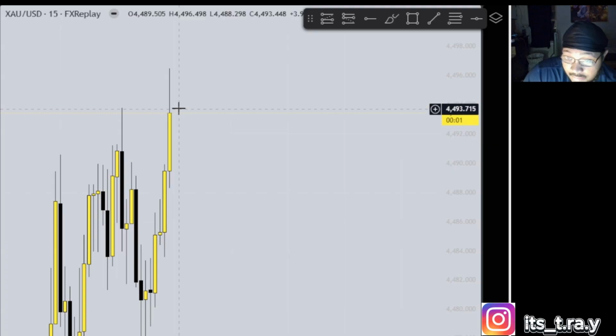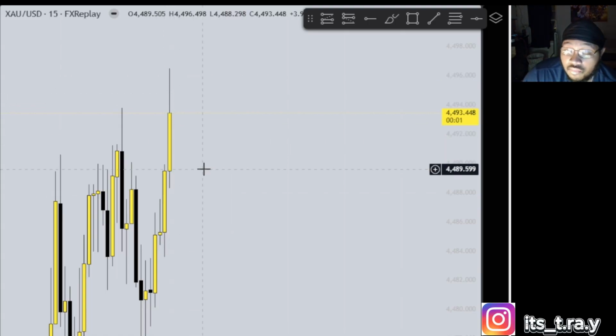So then the body keeps going all the way up to here, and then comes all the way back down. And after 15 minutes, because I'm on the 15-minute time frame, this candle closes right here at the top, leaving this wick. So all the wicks are just showing you where the candle bodies have been.